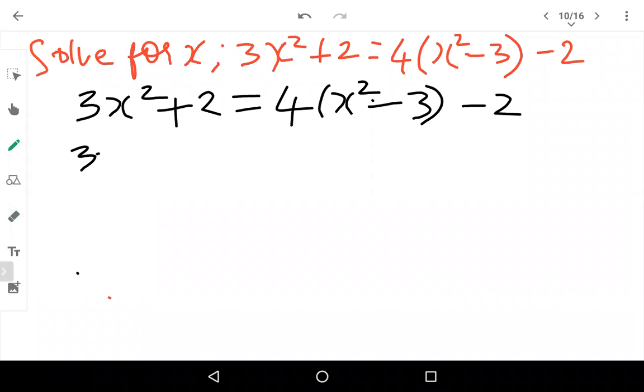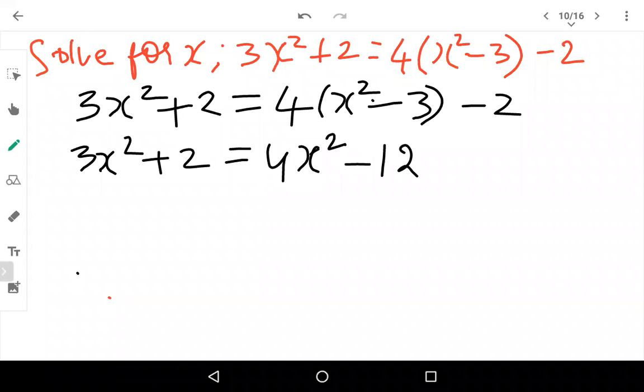So 3x square plus 2 we will keep as it is. Now on the right hand side we will do some simplification. We have 4 into x square minus 3, so we'll multiply that. 4 into x square is 4x square. 4 into 3 is 12, but it is minus 12 because it is 4 into minus 3.